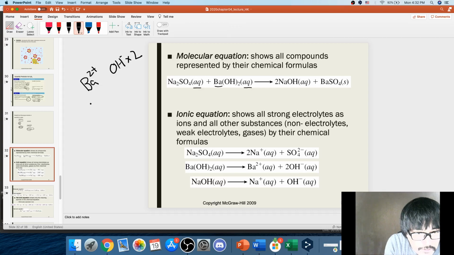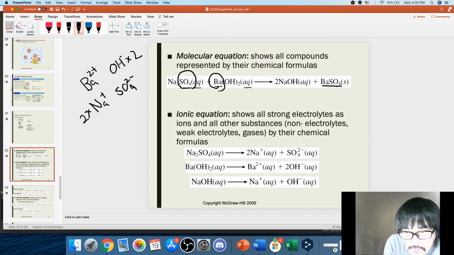Also Na plus, you have 2 of those, and then SO4 2 minus. The SO4 2 minus is going to combine with Ba, so BaSO4. Let's check the BaSO4.